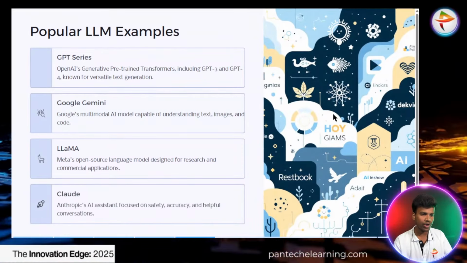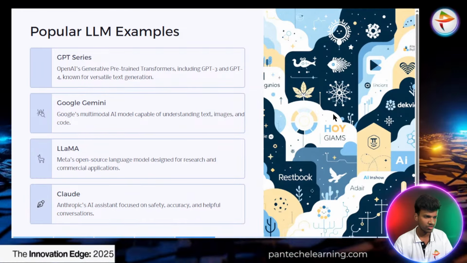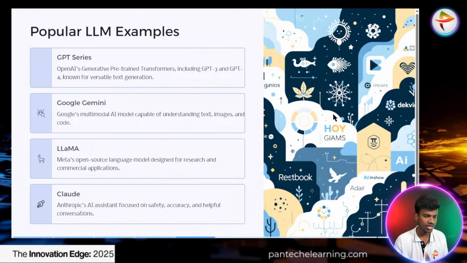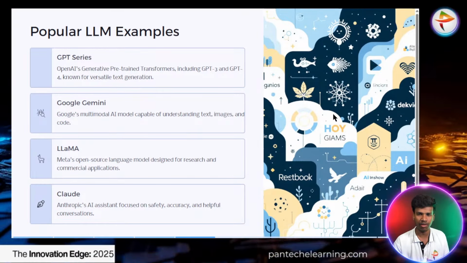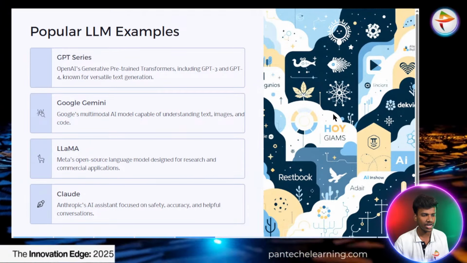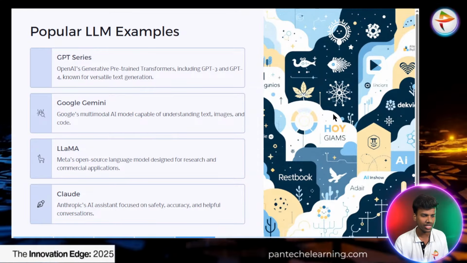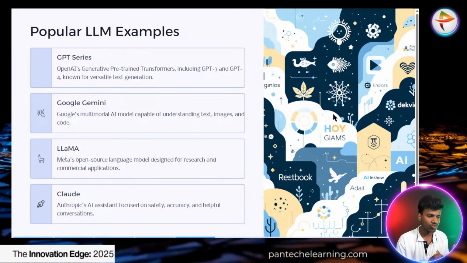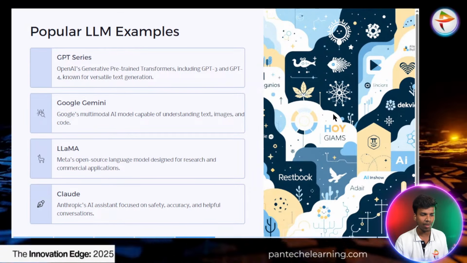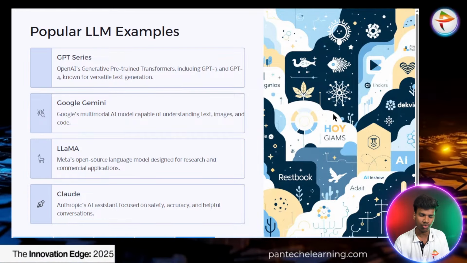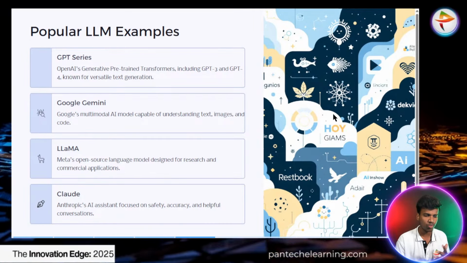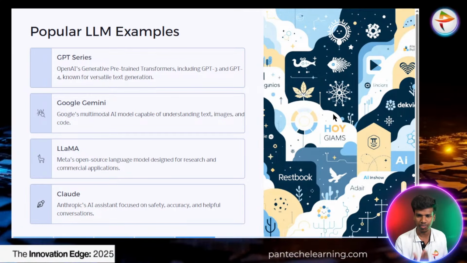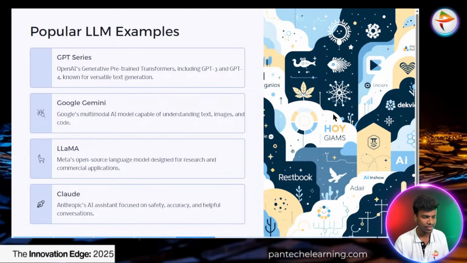And then popular LLM examples. The GPT series, Google Gemini, Llama, and Claude are all examples of LLM models. OpenAI's generative pre-trained transformers, including GPT-3 and GPT-4, are known for versatile text generation. Google Gemini is also a multimodal AI capable of understanding text, images, and code. Llama is Meta's open source language model, designed for research and commercial applications.